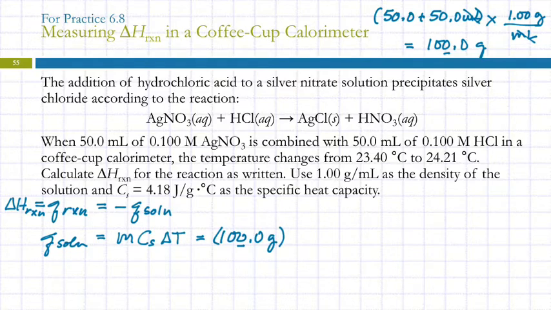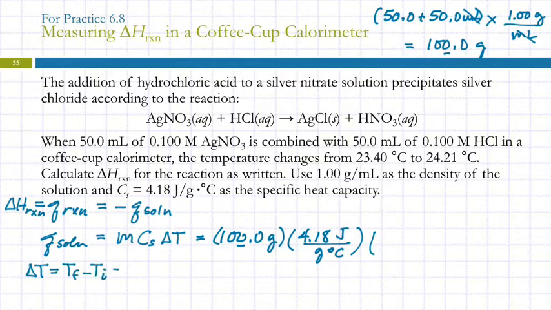The specific heat capacity, they said use this. Okay. 4.18 joules over gram degrees Celsius. And then we need the change in temperature. Final minus initial. So delta T equals the final minus the initial.